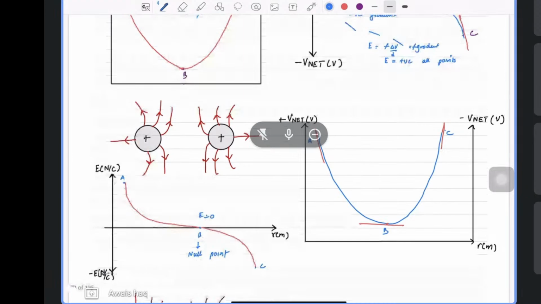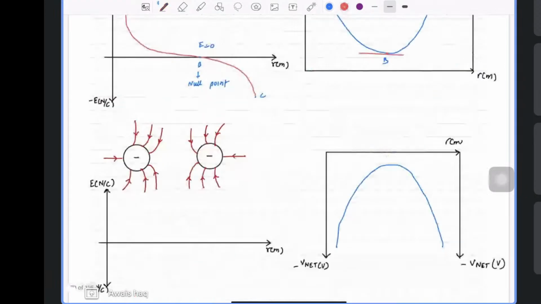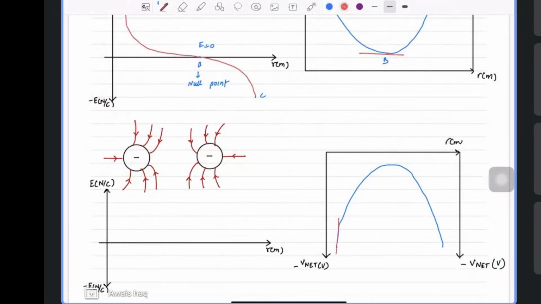Alright, the last graph would just be the same, just flipped. So it would show you the opposite, which is if this is A, that's B, and that's C. So now the graph would be going like this to 0 and then like this, because this is the point where electric field strength is 0 and that is the null point.